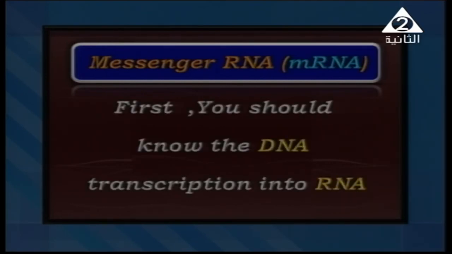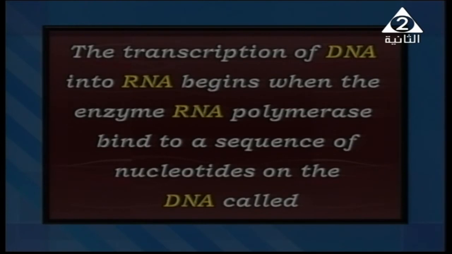First, you should know the DNA transcription into RNA. The transcription of DNA into RNA begins when the enzyme RNA polymerase binds to a sequence of nucleotides on the DNA called the promoter.